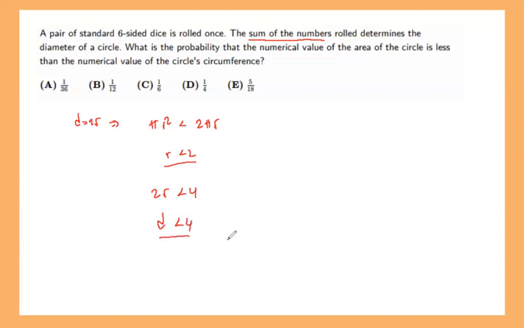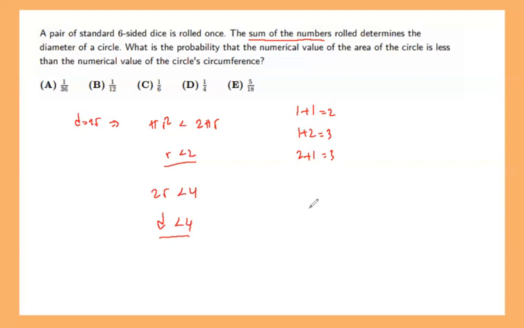So when you add two numbers, that has to be less than 4, which is not too many. You could have 1 and 1, which is 2. 1, 2 is 3. 2, 1 is 3. And that is it, because I cannot go with 2 and 2, since it cannot be equal. So we have only 3 ways to get something smaller than 4.